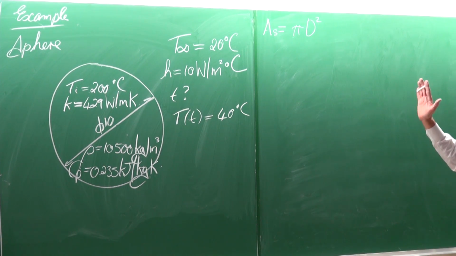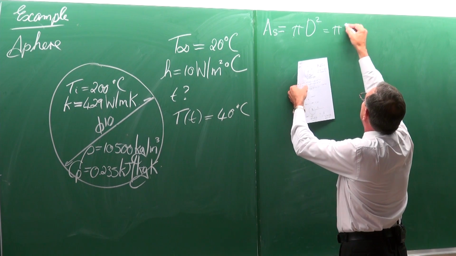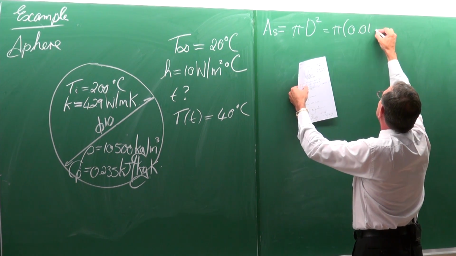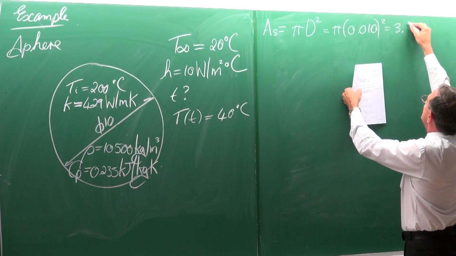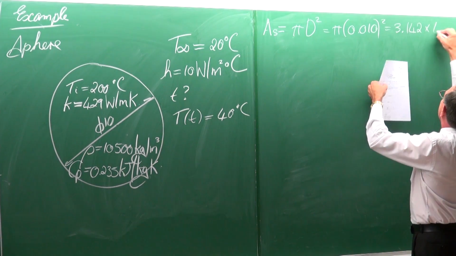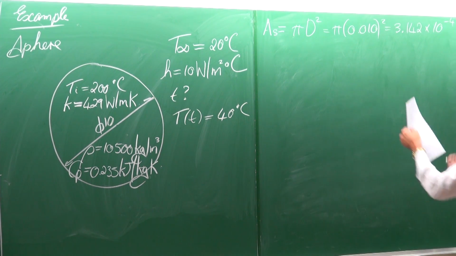Very simple equation in terms of diameter, pi d squared. So therefore it is equal to pi multiplied by the diameter is 10. And the result is equal to 3.142 multiplied by 10 to the minus 4 square meters.